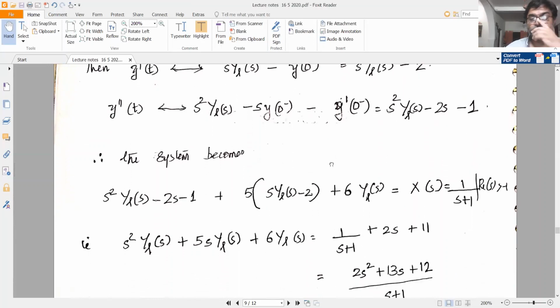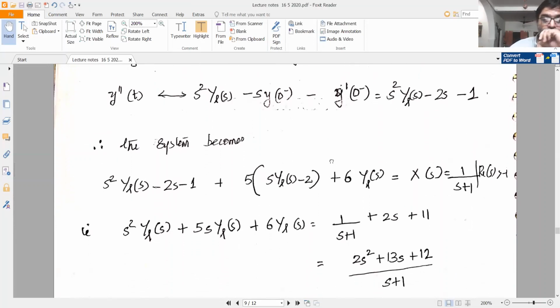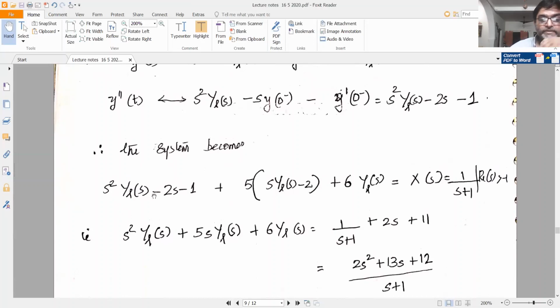So therefore, the system becomes s squared yl of s minus 2s minus 1, that is y double dash of t, plus 5 into s yl of s minus 2, which is the Laplace transform for y dash of t, plus 6 yl of s is equal to, this should actually be xl of s.